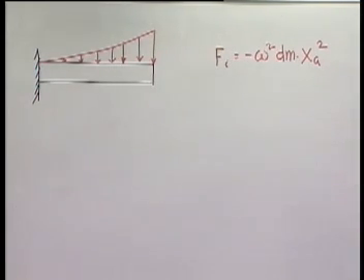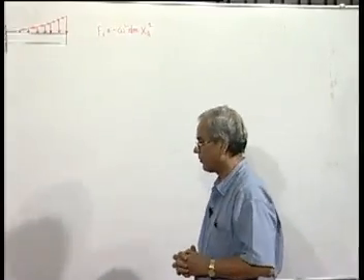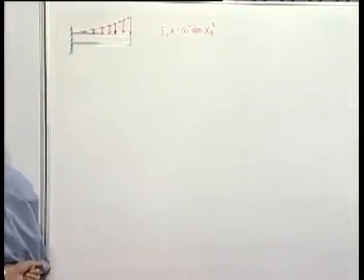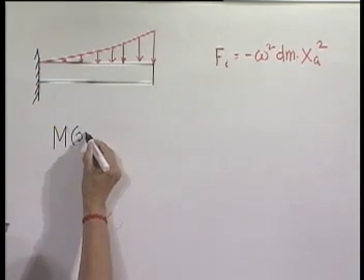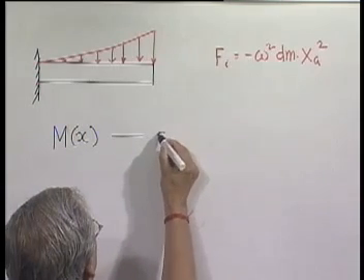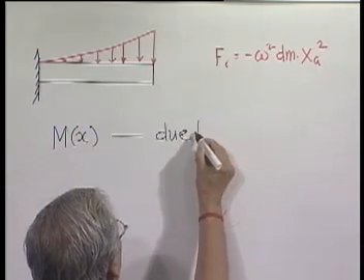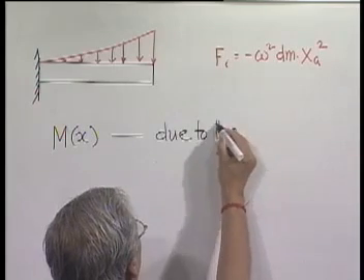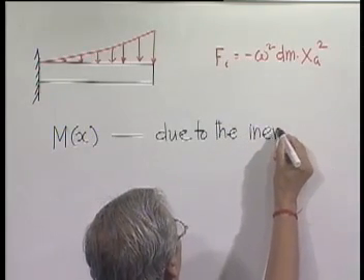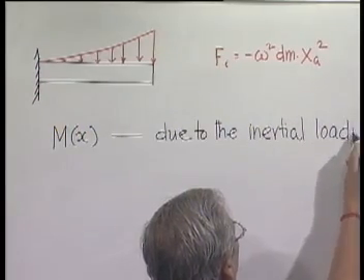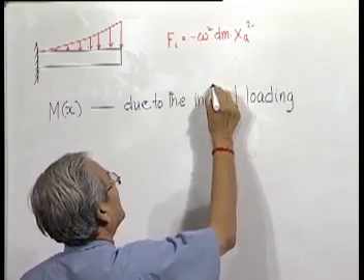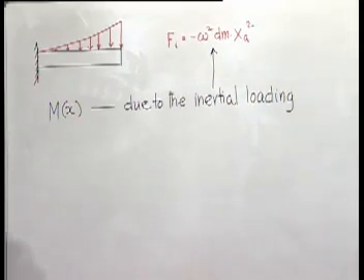Now, if this is the loading on the flexural member, we can find out the bending moment due to this as a function of x. It is a distributed load, and let M be the bending moment due to that.